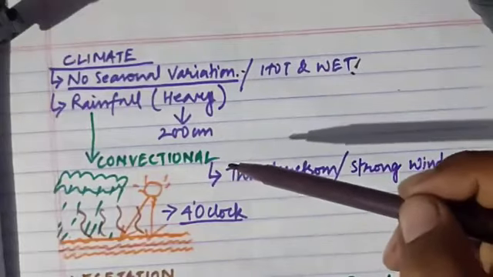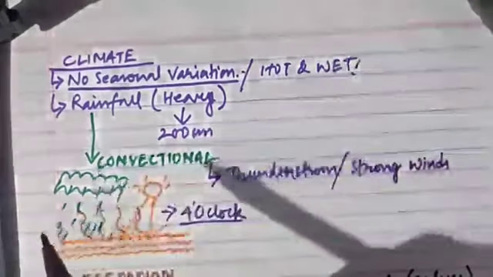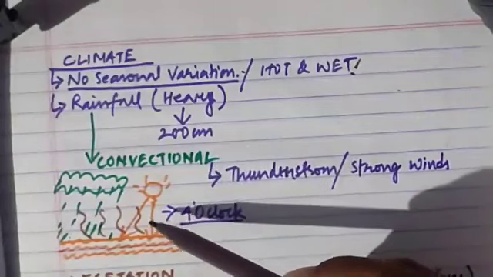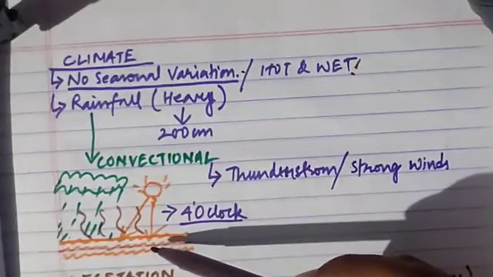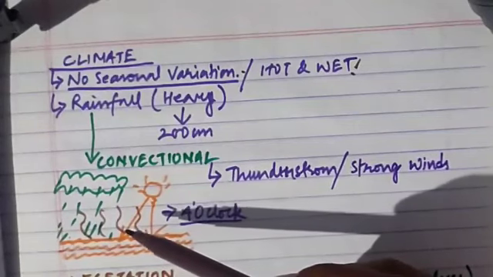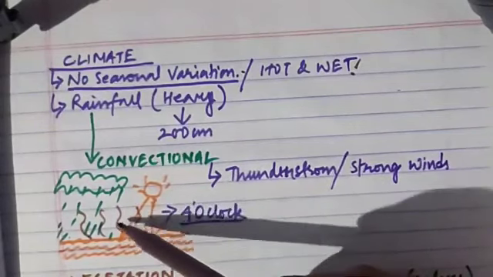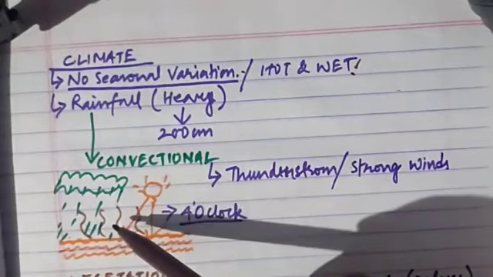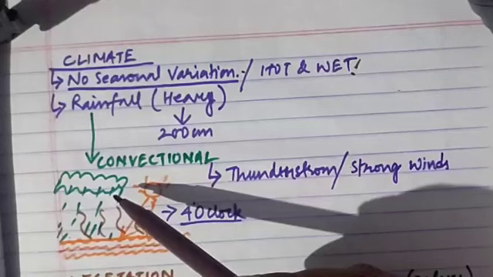Now what is convectional type of rainfall? It means during the daytime it receives the direct rays of the sun, so the evaporation in this area is also very high. So a high amount of evaporation will result in a high amount of humidity, isn't it? Now high humidity will result in the formation of clouds.